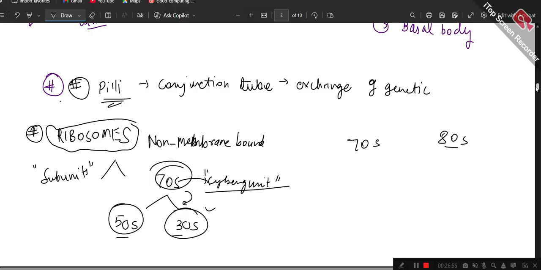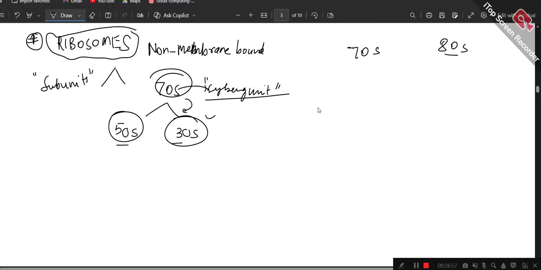Now what do the ribosomes do? Ribosomes can be found on the rough endoplasmic reticulum, as we've seen, and hence they are responsible for protein synthesis in the cell.